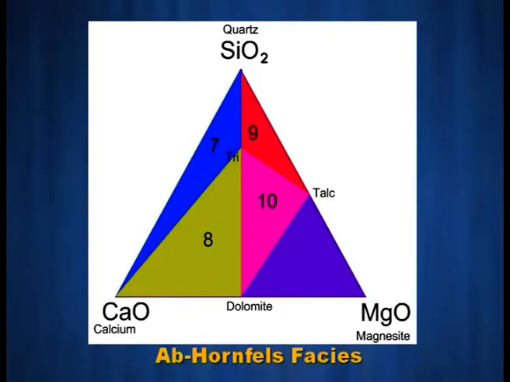If impurities are there, then we can see how tremolite and talc are formed. Magnesite plus silica reacts and forms talc, that is magnesite plus quartz gives rise to talc. Another reaction is magnesite plus calcite plus silica gives rise to tremolite.